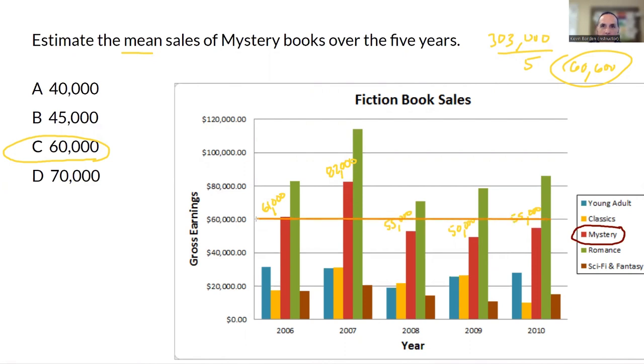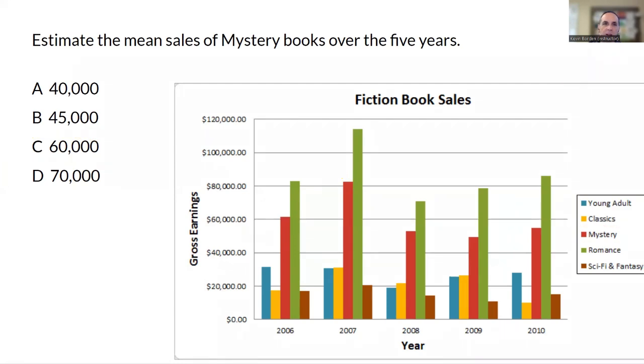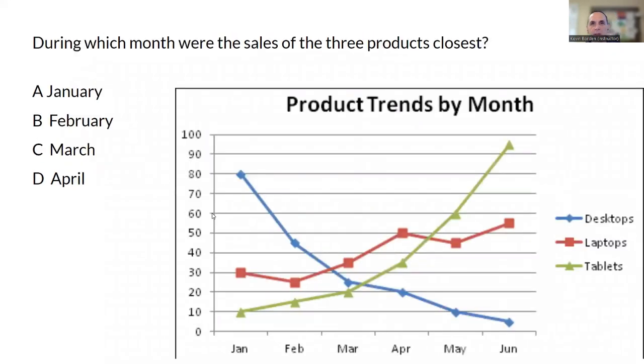This is about 60,000. What's a little bit different about this one is that we have one at 60,000, one that's way above it, and then three that are a little bit below it. So that looks okay. It looks pretty well balanced, and that answer feels about right. But it's always worth checking where that line fits with the data.